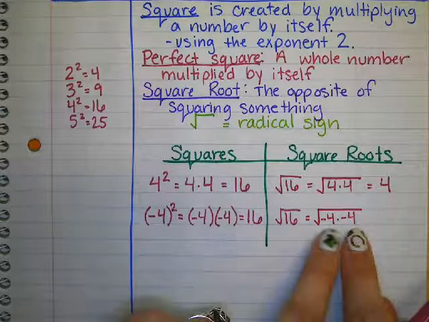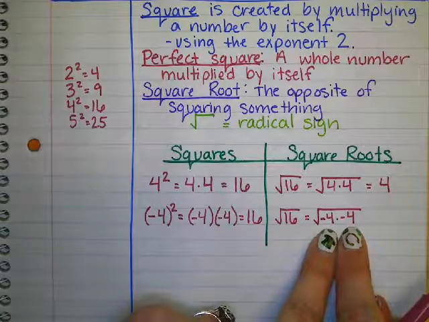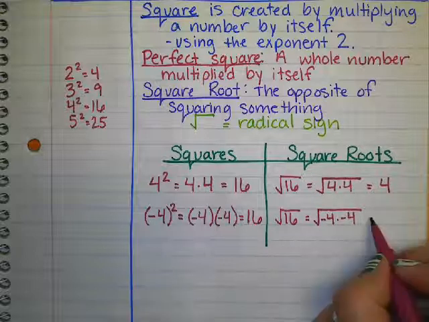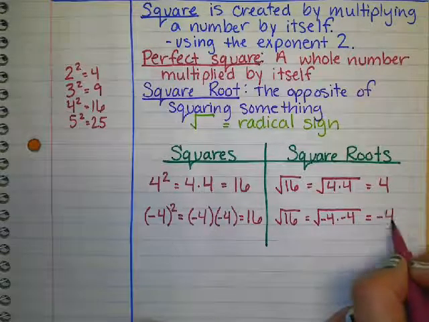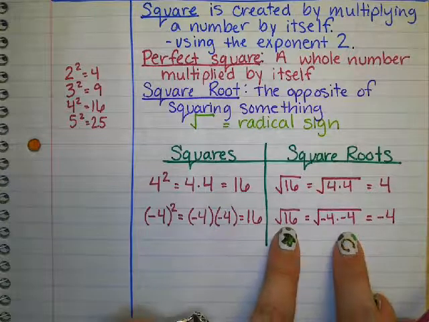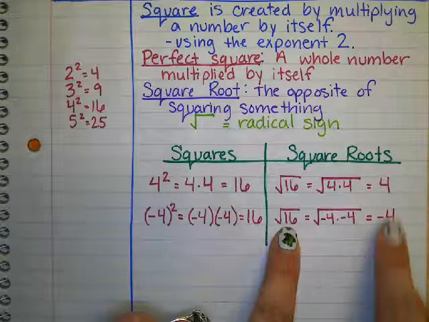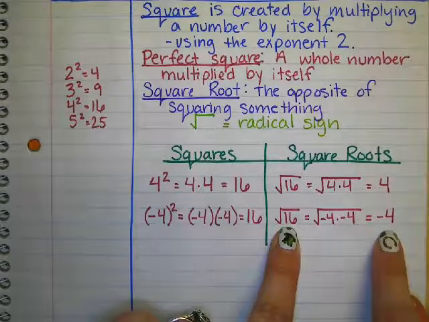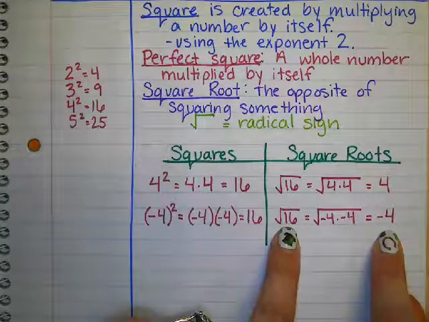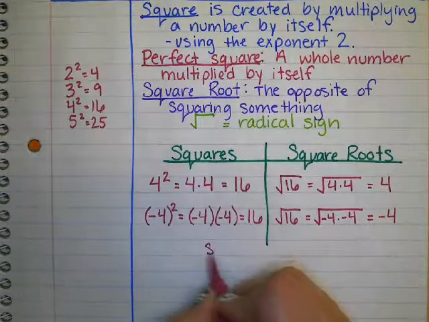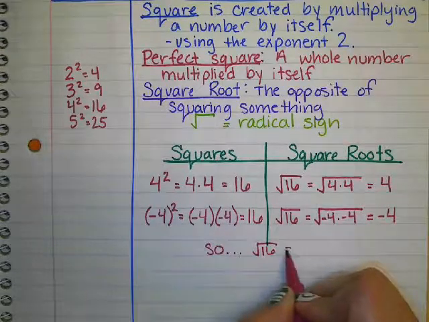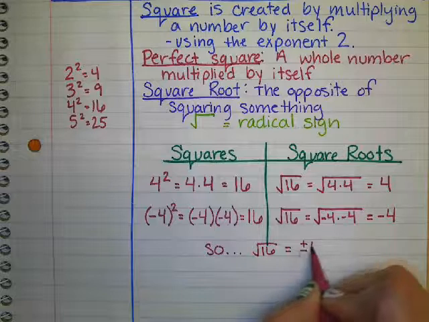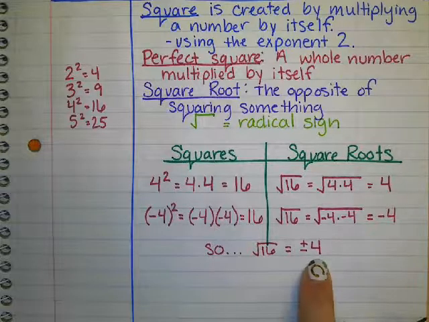Now, if I want to take that pair out from underneath that radical sign, it becomes 1 just like before. So my answer to the square root of 16 is going to be 4 or -4. So it's always going to have 2 options there. So the square root of 16 can be plus or minus 4.